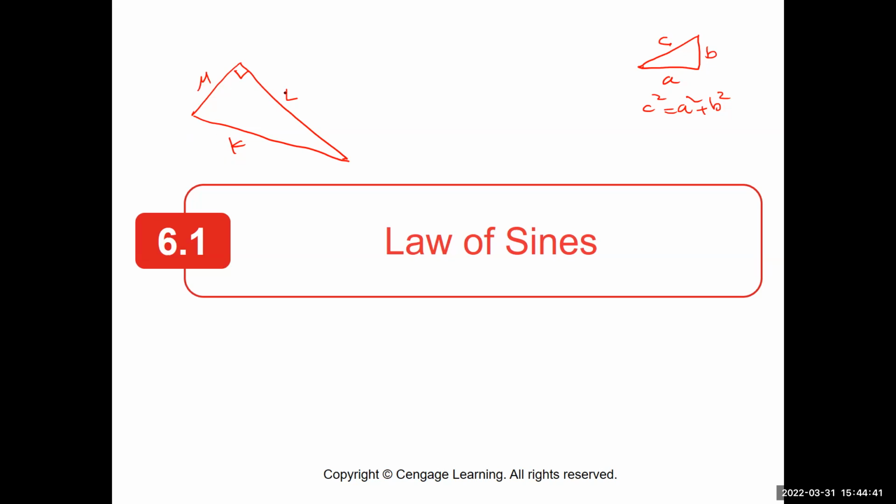There is no C or A or B. Doesn't the formula have to use them? No, you can use any name. The way to memorize it: look at the inclined edge first, K squared equals the other two, with the 90 degree angle between them, L squared plus M squared. That's it. Whatever the name, it doesn't matter.